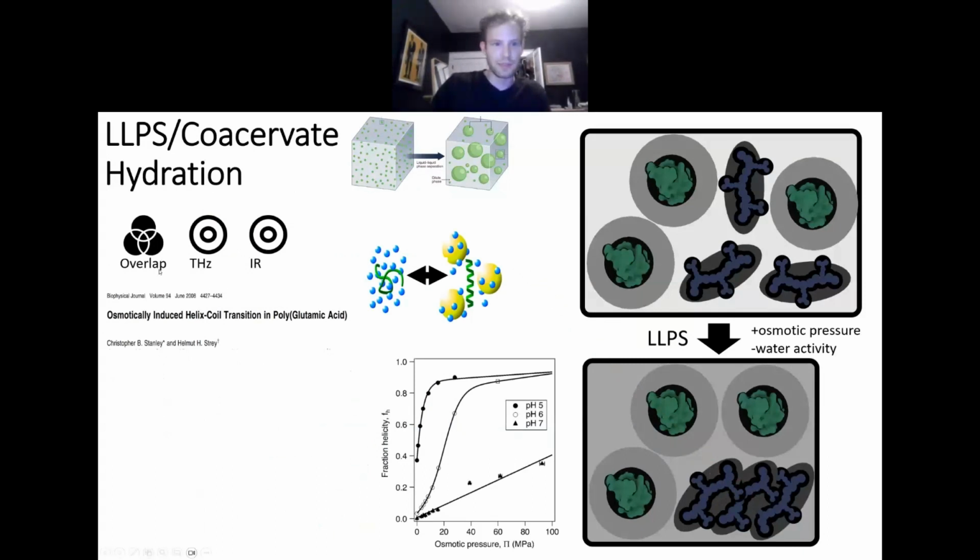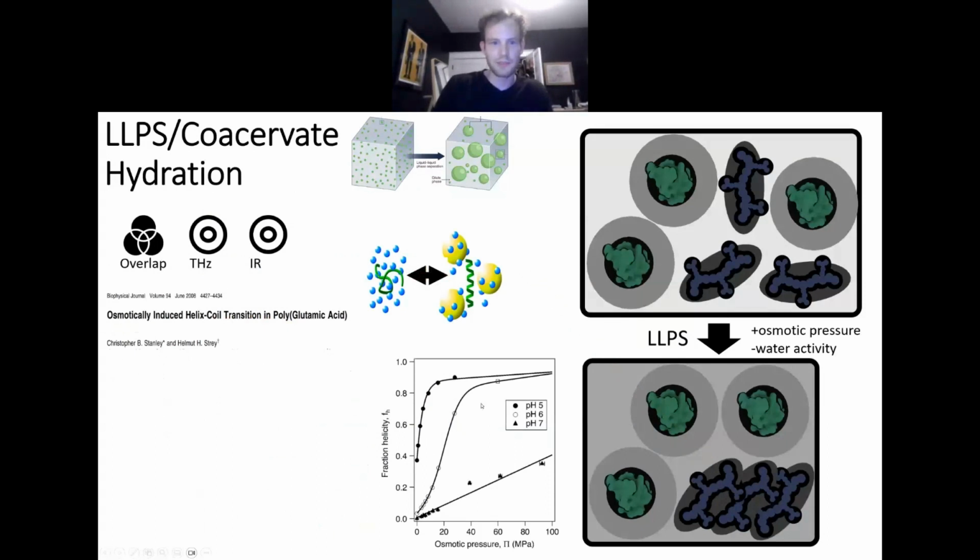And I think that this is supported by terahertz, the infrared models, and also, again, this paper, osmotically induced helix-coil transitions in polyglutamic acid, where just increasing the osmotic pressure by PEG can fold this protein at low pHs.